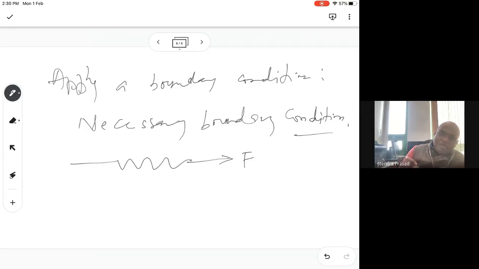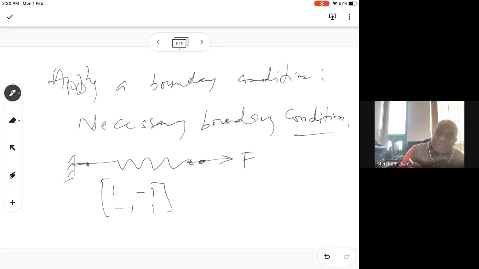So in order to find the unique solution, you will have to constrain one of them, and only then are you going to find the unique solution. So what does that really mean? If you see your stiffness matrix, in this case it was 1, -1, -1, 1.